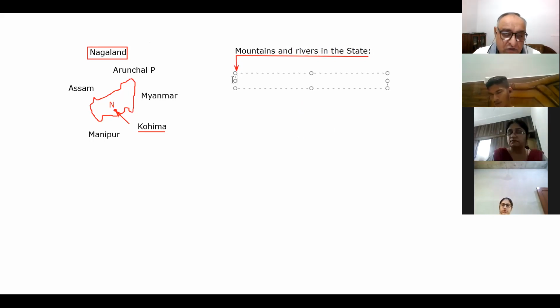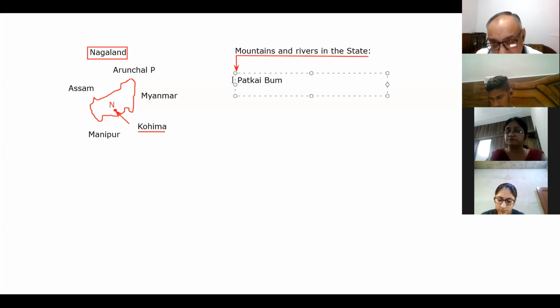One is called the Patkai Hills, Patkai Bum, लिख लेते हैं इसको. It is a combination of some ranges. Second is the Naga Hills. These are the two important hill ranges which fall in Nagaland.